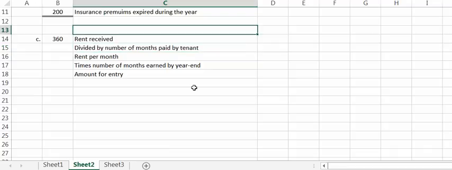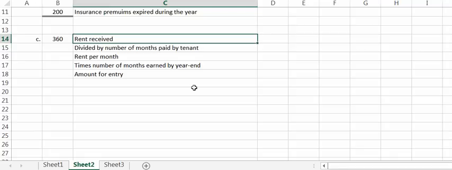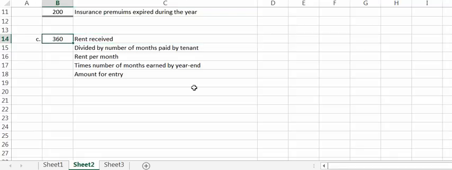Really, all you need to remember is we will always make this adjusting entry for the amount of rent earned from the day the payment was received, in this case December 1st, by year end. So in our case, we would have earned a third of the rent by December 31st, or 1 month's worth, which would be $120.